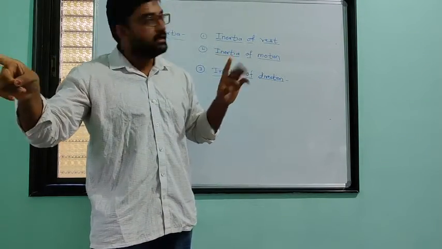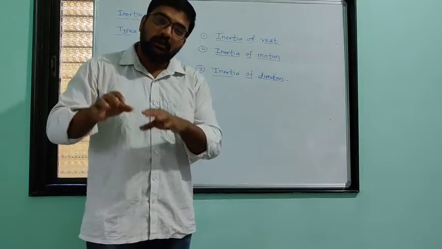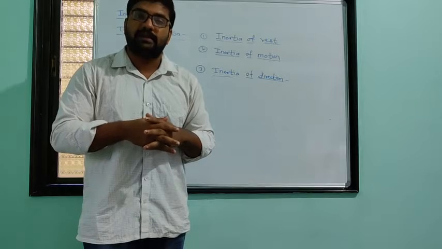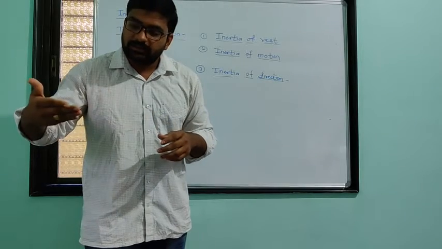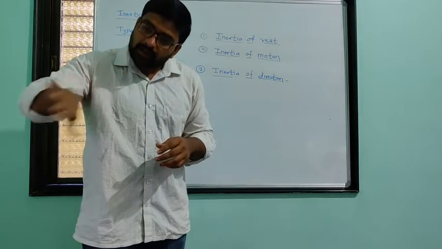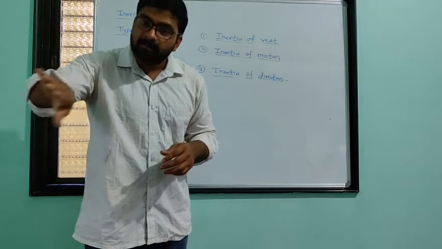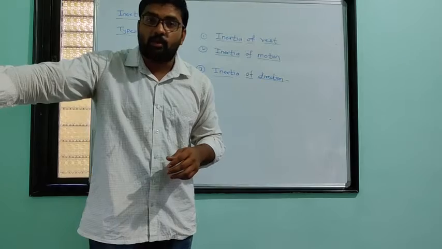Initially, with inertia of rest, the body and the object are both steady. But as the bus starts, our body tries to attain its steady condition. That is why we move backward.